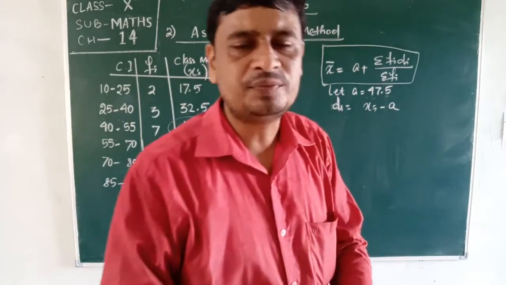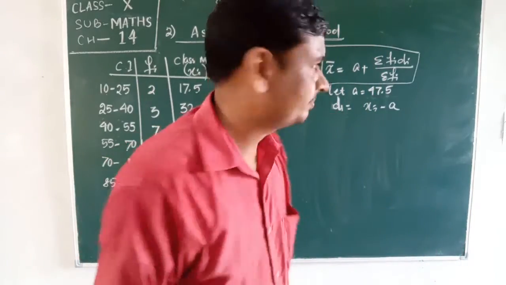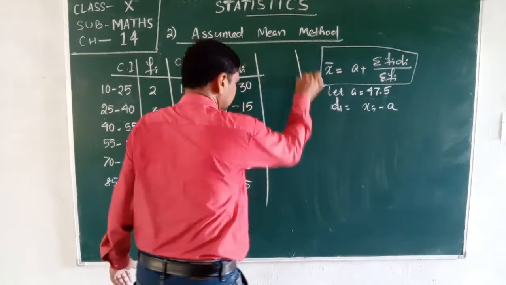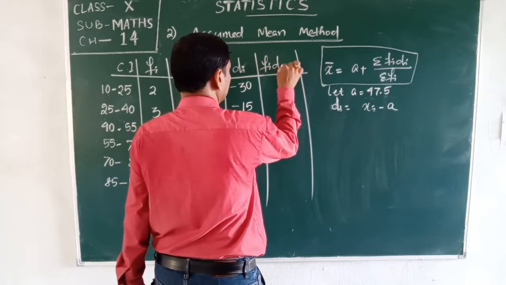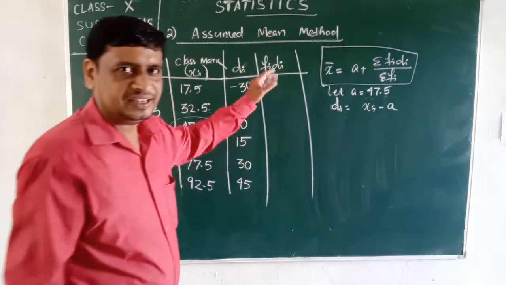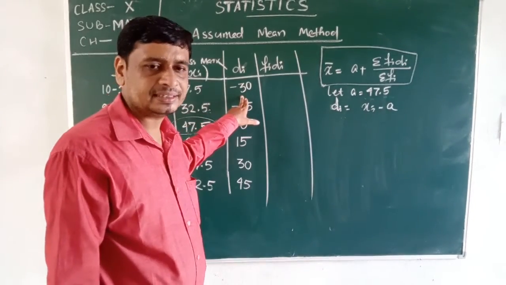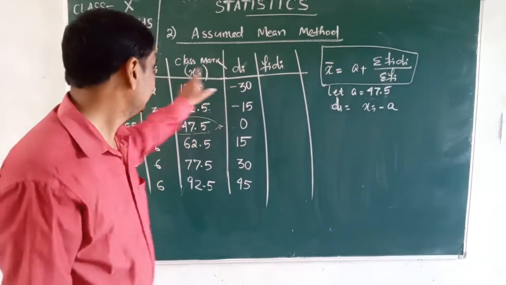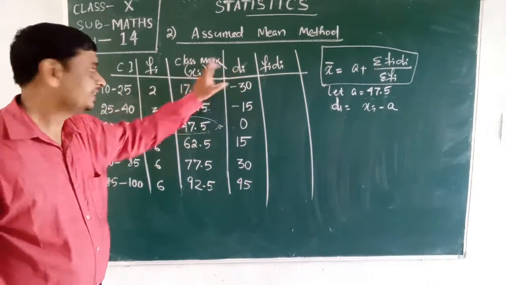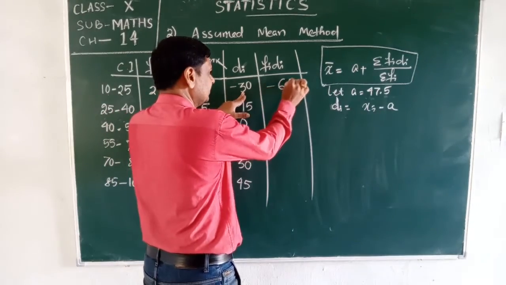So we have to find one more column for FiDi there. Fi is 2, Di is minus 30. 2 into minus 30 becomes minus 60.